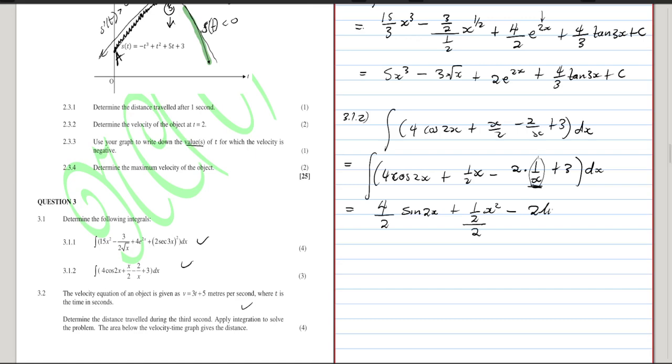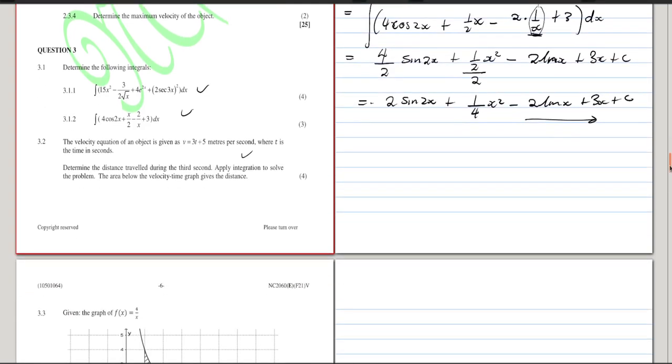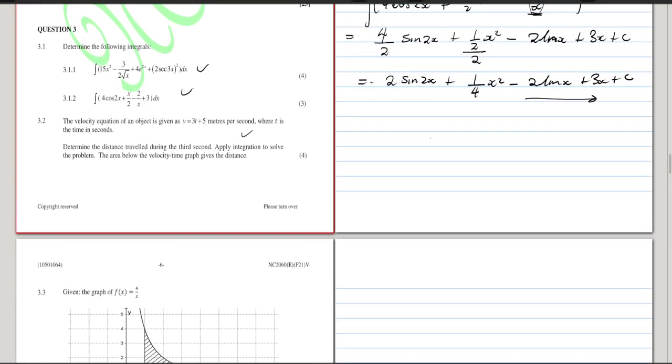It's 2 ln x, plus the integral of 3, it's just going to be 3x plus c, equals to 2 sine 2x plus 1 over 4 x squared minus 2 ln x plus 3x plus c. That's the final answer for this one. That is the final answer.